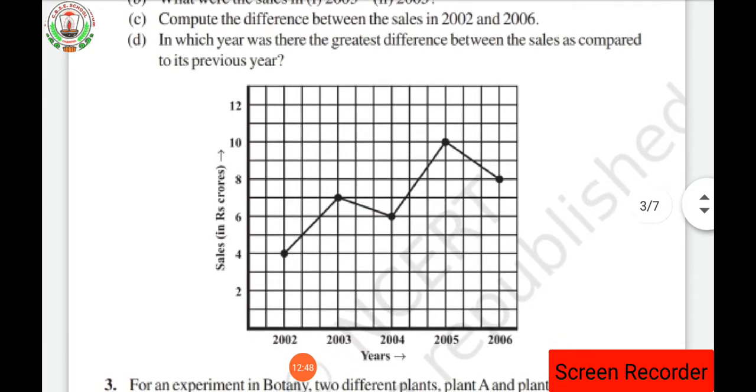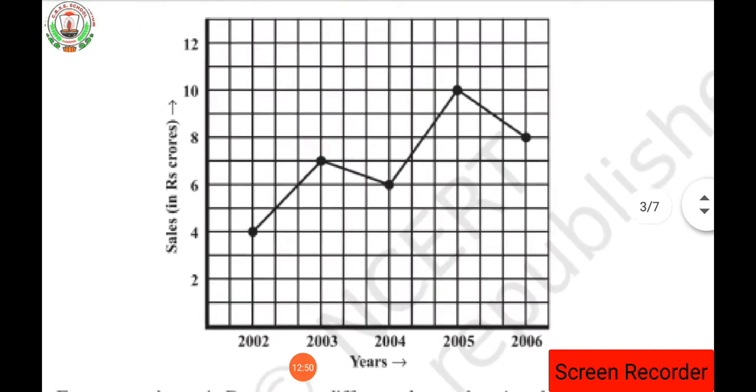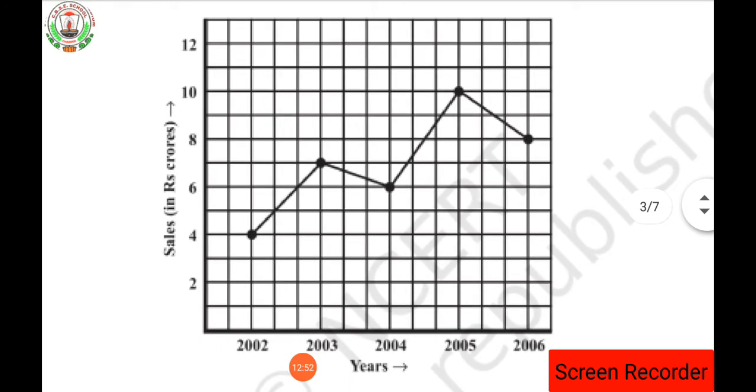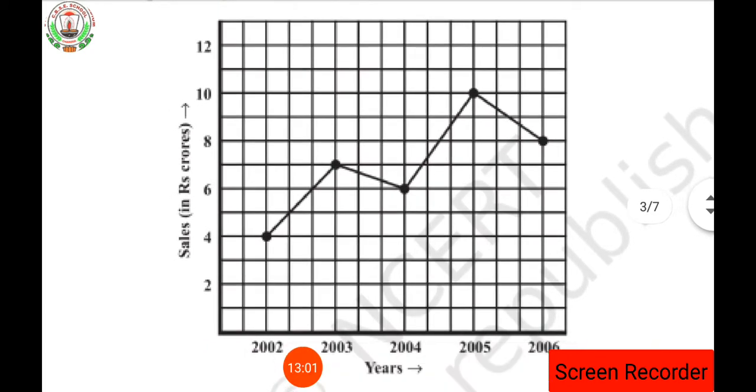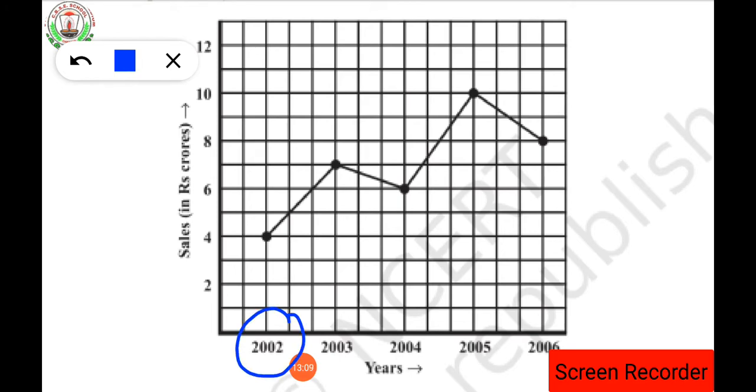Clear everyone? So here is the graph, just look at the graph, it will be more clear to you. What is asked in the first part of the question? It is said, what were the sales in 2002 and 2006. So this one is the x-axis, isn't it?